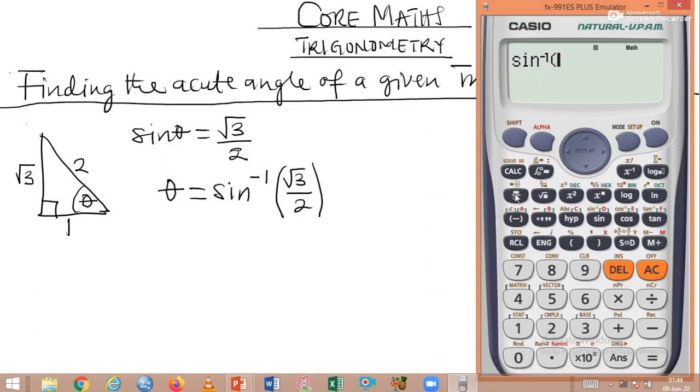You go for the fraction form, then punch root 3, come down and punch 2, then close the bracket. Good. So we now have sine inverse of root 3 on 2 on the calculator. When you are done, you just punch the equal sign.